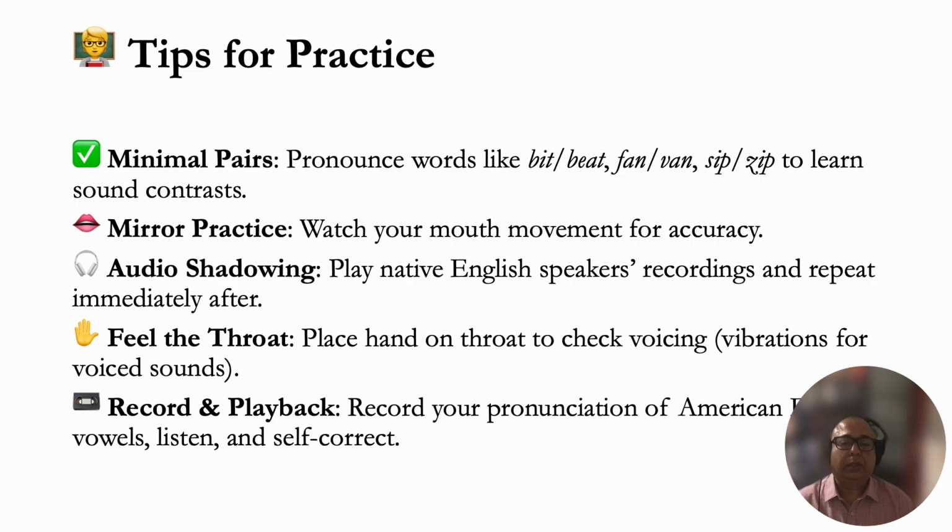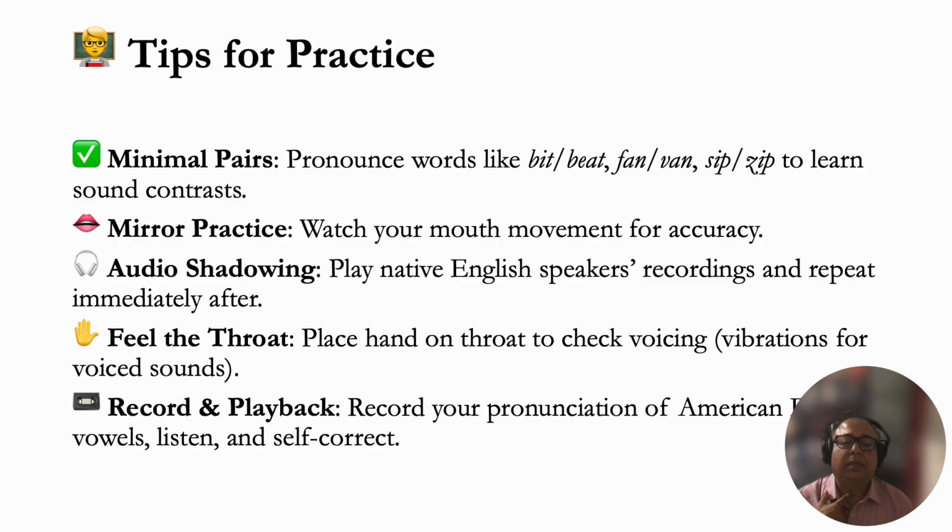Feel the throat. Remember, all vowels are voiced. Unlike consonants, there are some consonants that are voiced, others are unvoiced or voiceless. All vowels, all 15 of them, are voiced. How do we know?